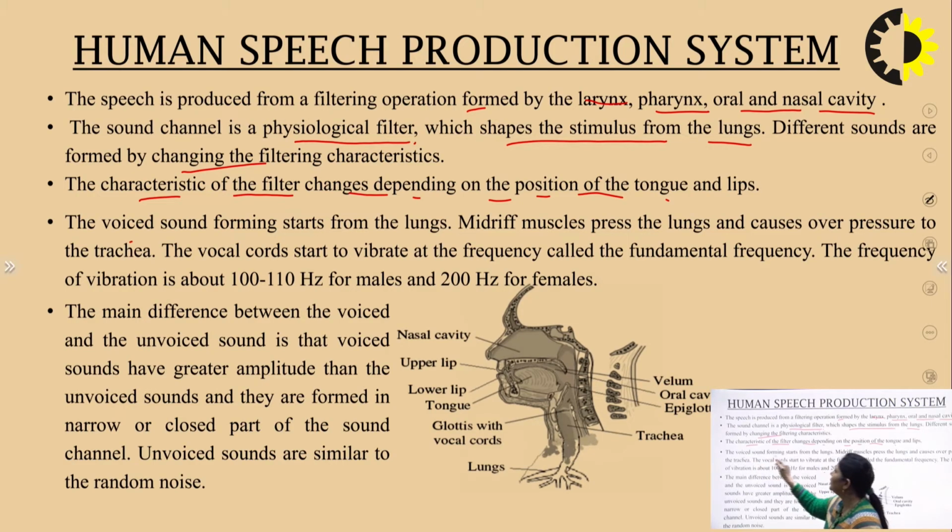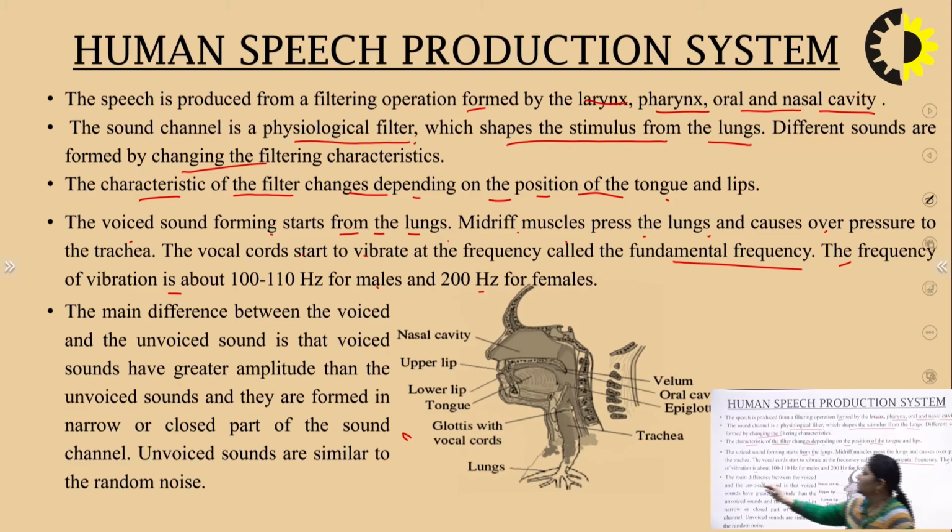The voice sound forming starts from the lungs. Diaphragm muscles press the lungs and cause overpressure in the trachea. The vocal cords start to vibrate at a frequency called the fundamental frequency. The frequency of vibration is about 100 to 110 Hz for males and 200 Hz for females. Now, in the earlier slide we talked about two types of voice signals, voiced and unvoiced.